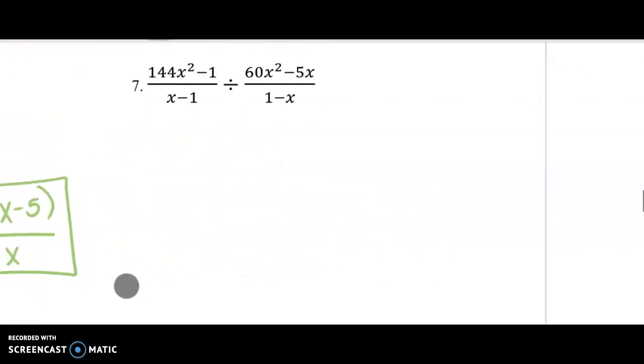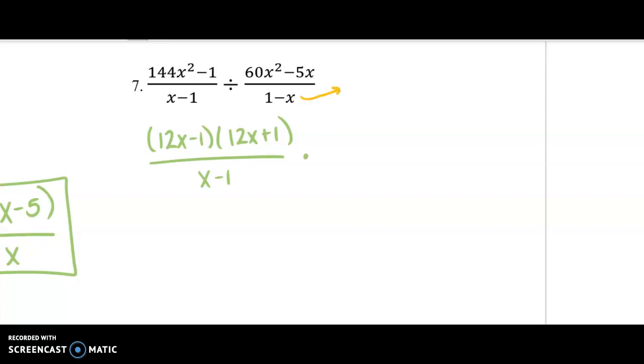Okay, number 7. This is actually a difference of squares problem, so that's going to be 12x minus 1 times 12x plus 1 over x minus 1 times, we're going to flip this around, so this is actually the same as negative x plus 1, which is negative times x minus 1, so we always like to write it like that.